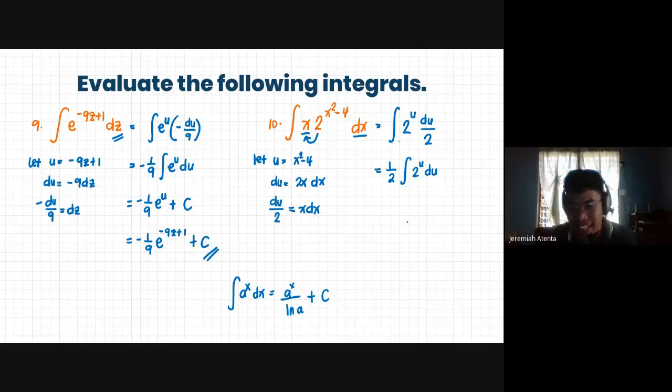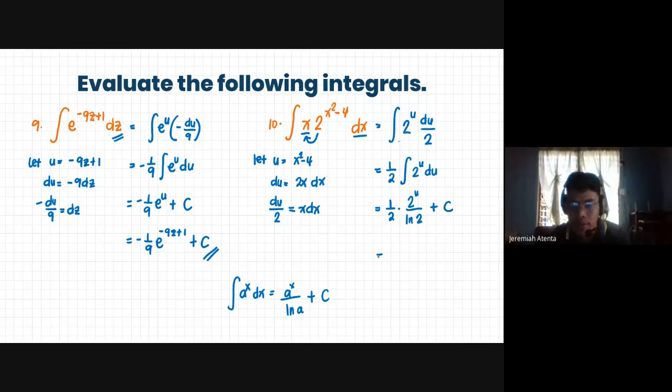Okay, so from that, we now have this one. Our a is 2. Our x is u. So, we have 1/2 times 2 raised to u over ln 2. Okay? Then we have plus c.